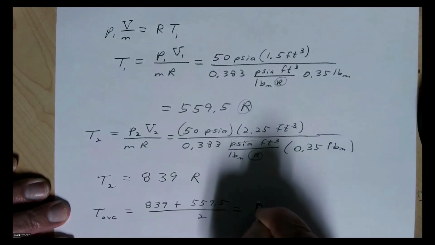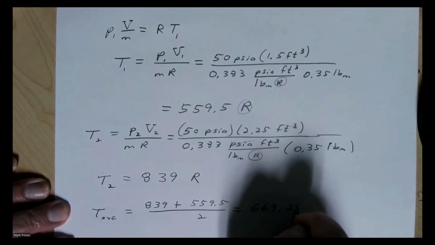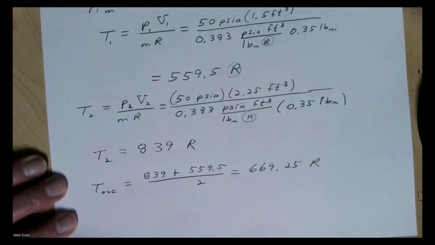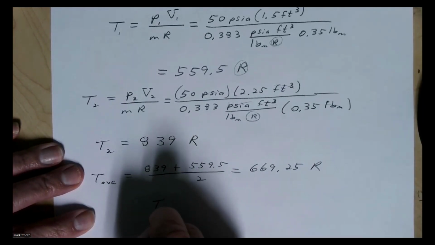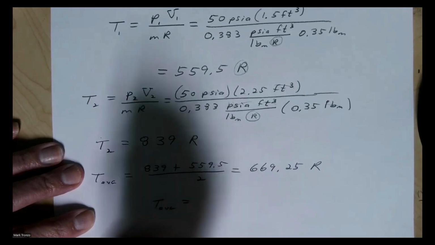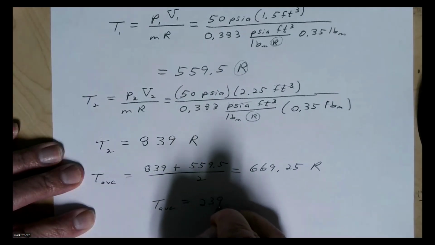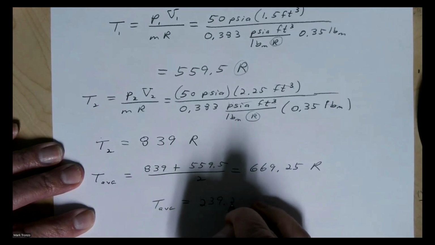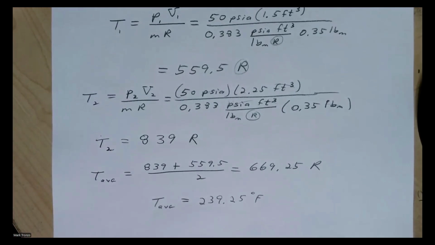This gives us about 669.25 degrees Rankine. If we subtract 460, the T average would be 239.25 degrees Fahrenheit. And we can use that then to find our c_v.